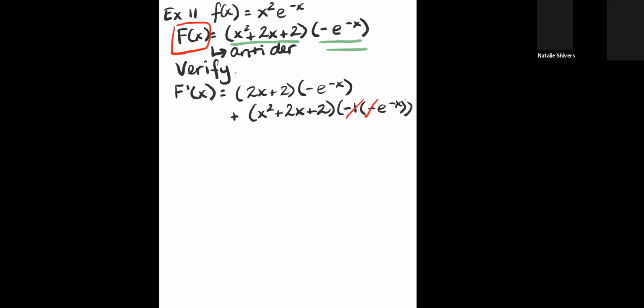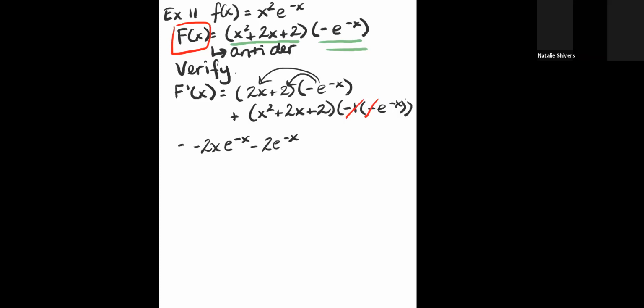Now what I need to do is distribute. So this gets distributed here, this gets distributed here. So I'm going to get negative 2x e to the negative x minus 2 e to the negative x. That's the first one.